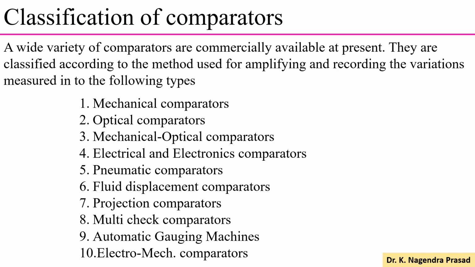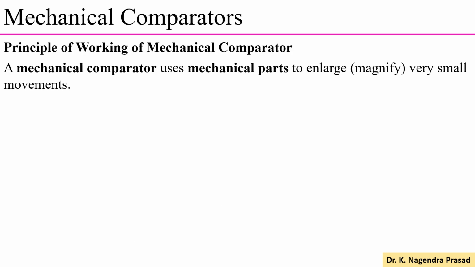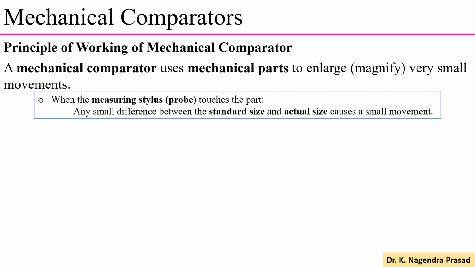First we will discuss the mechanical comparators. In mechanical comparators, the principle of working is that the comparator uses mechanical parts to magnify very small movements. When the measuring stylus touches the part, any small difference between the standard size and actual size causes a small movement.